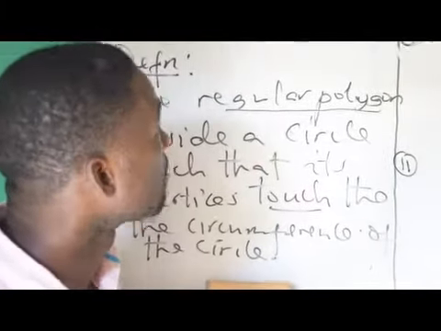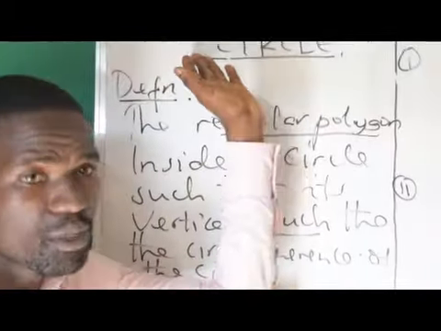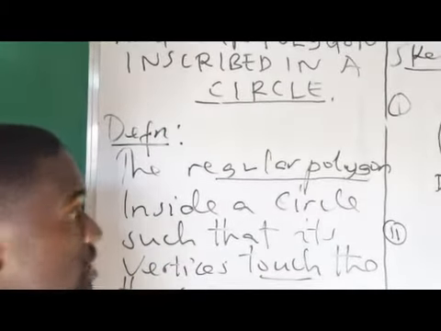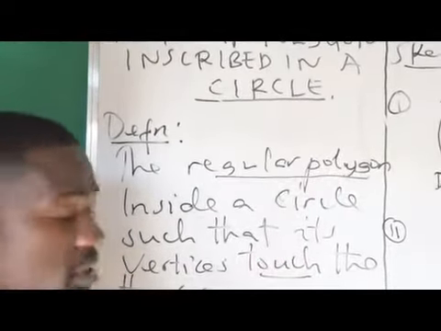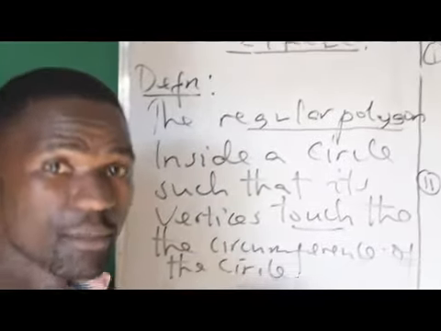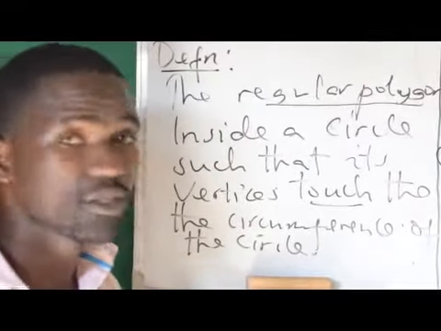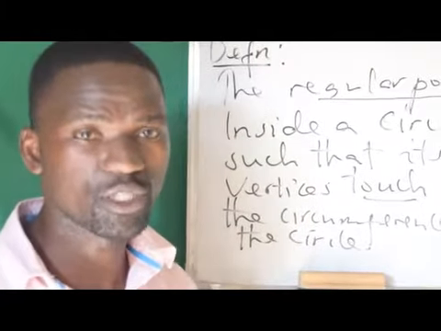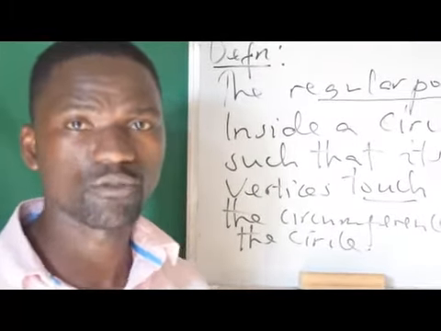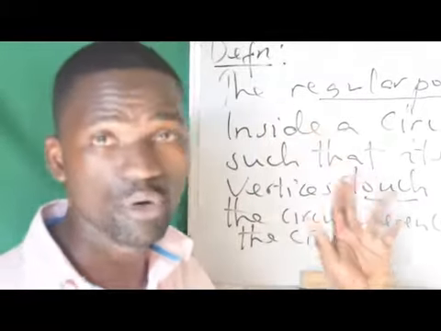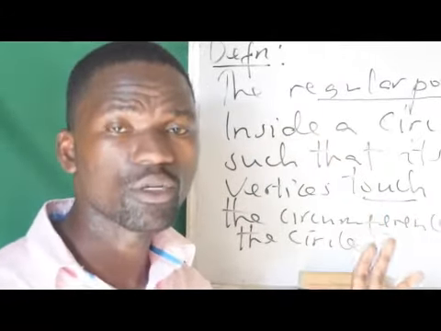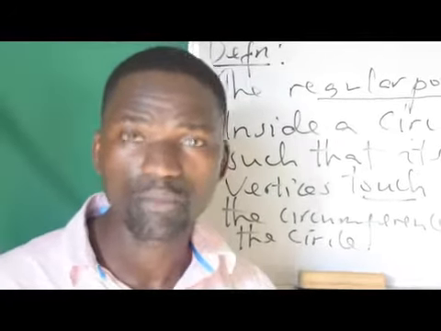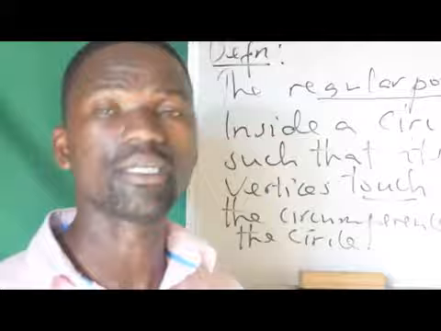Okay, this is our subtopic, which is very main for us. What is the main focus with this subtopic? Remember, our topic is about finding areas and perimeters of different two-dimensional figures. And one of the two-dimensional figures is the regular polygon. But here we want to know how to find area and perimeter, given that the regular polygon is inscribed in a circle.